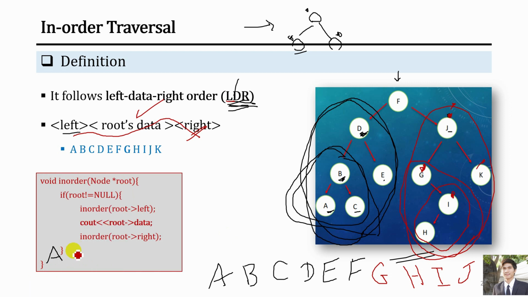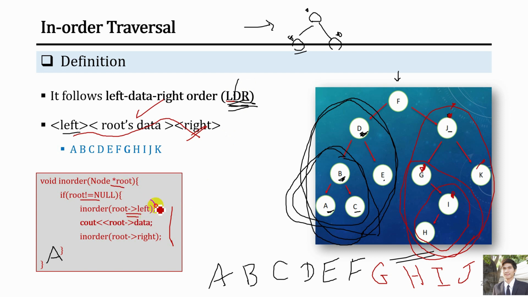Okay, so at this point, when we create a function, it is very simple, right? We only need about 5 lines. So we put our order using this format: left data right. Data means we display it, left we recurse on the left subtree, right we recurse on the right subtree. So our rule is root not equal to nil, and then we recurse to the left by passing the left node of the root.